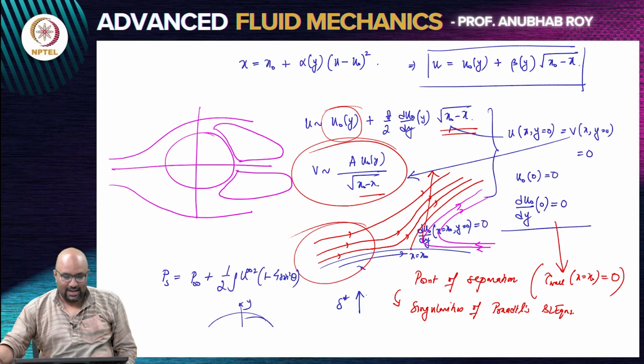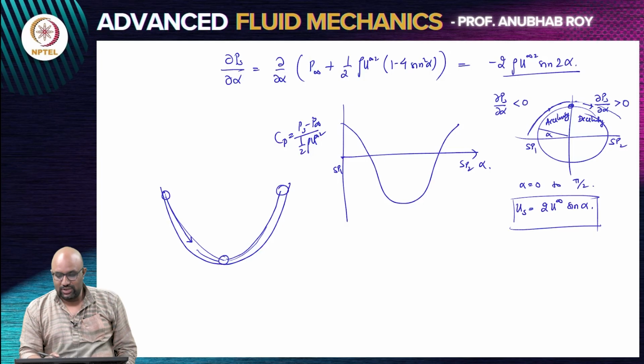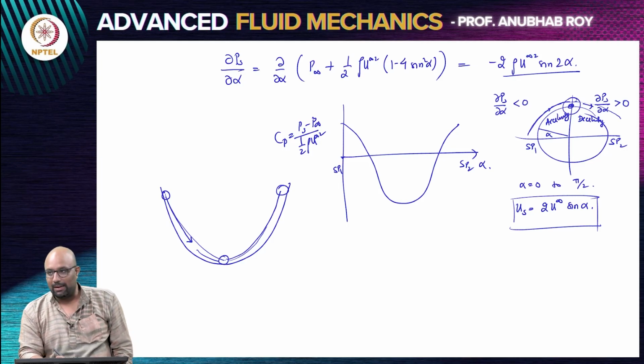So, you can take this cylinder problem using the velocity profile that we have written down and get an approximate answer of where the separation should actually occur. This is how the earliest attempts were made to understand separation. Once that was done, the first conclusion was that the separation should happen exactly at the point of minimum pressure at pi by 2.